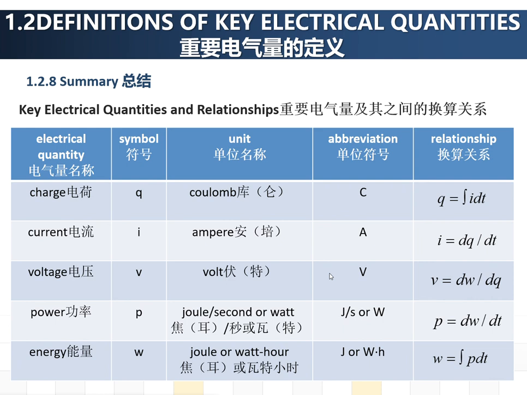Section 1.2.8 summarizes the key electrical quantities and relationships. Charge is represented using symbol Q. Charge's unit is a coulomb. The abbreviation of charge is C. The charge is defined as integral of current.